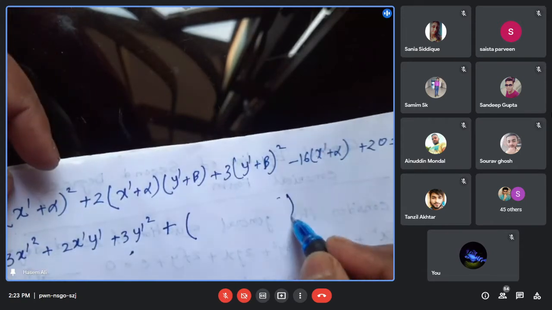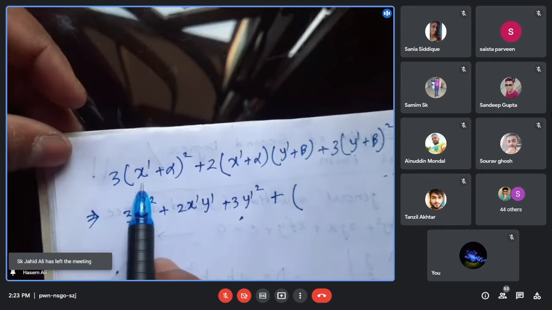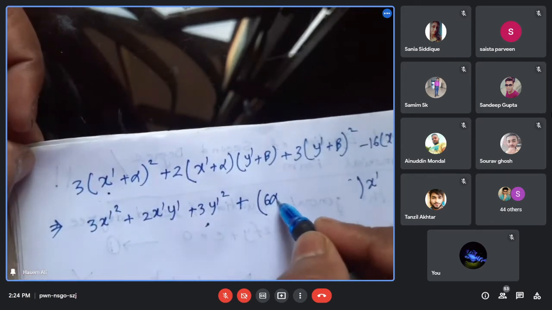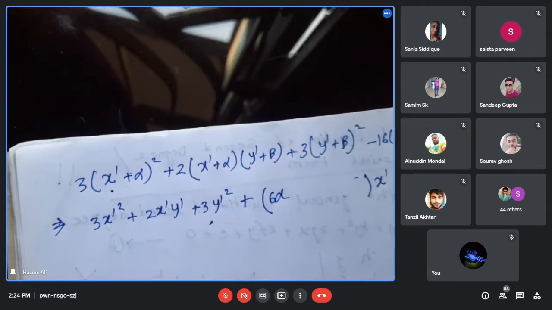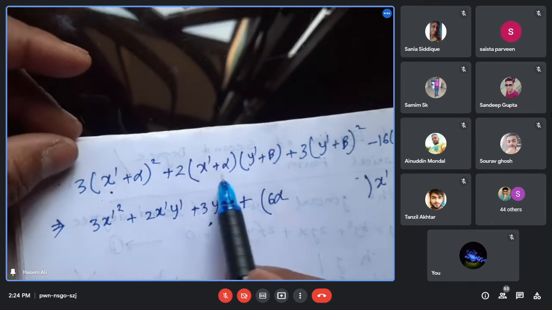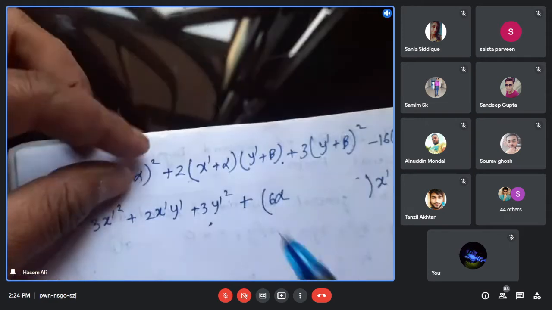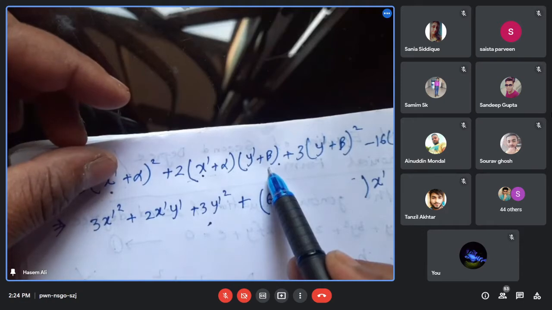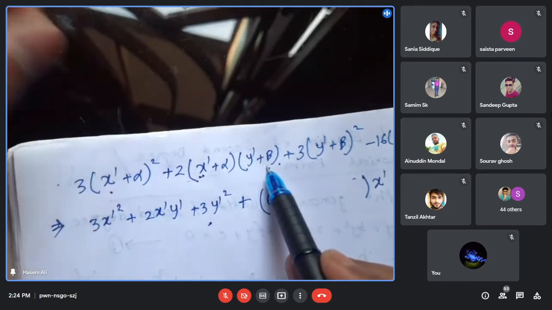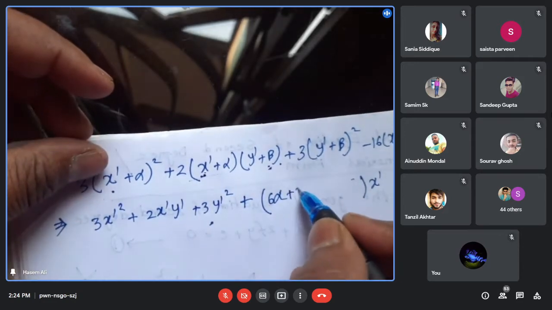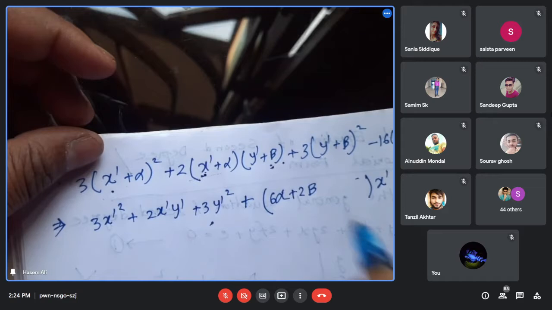The coefficient of x dash from here will be 6 alpha. And from here, if we multiply this x dash by beta, then only x dash will appear. Then the coefficient will be 2 beta. Is it clear?